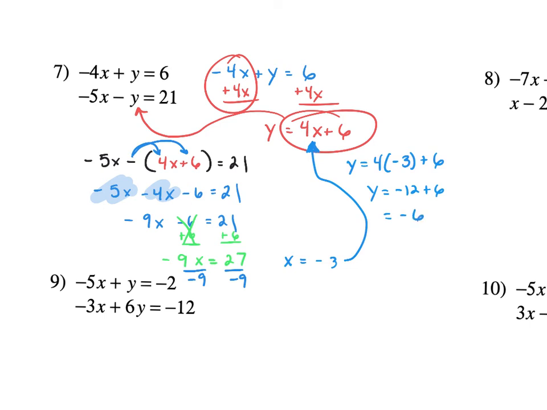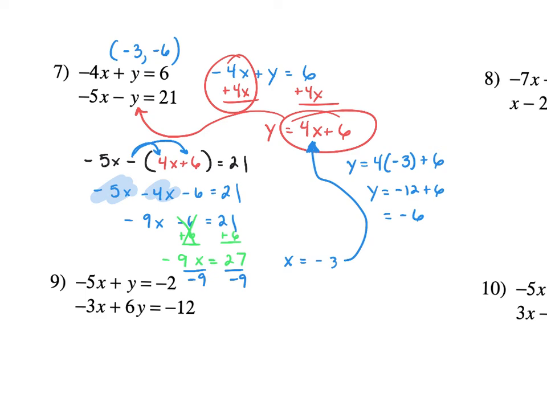And therefore these two lines intersect, if we were to graph them, at x is negative 3, y is negative 6. And again, we could check those, plug the x and y values into each equation, see if they make them true. Assuming I did my math correctly, though, we don't need to check them.